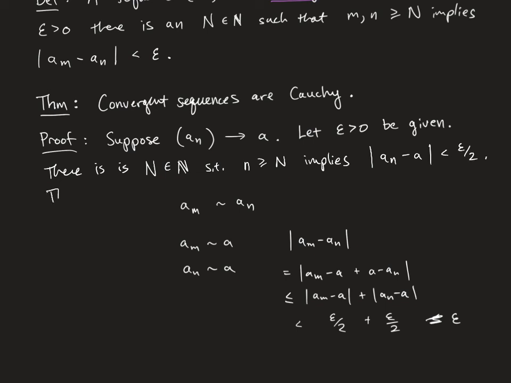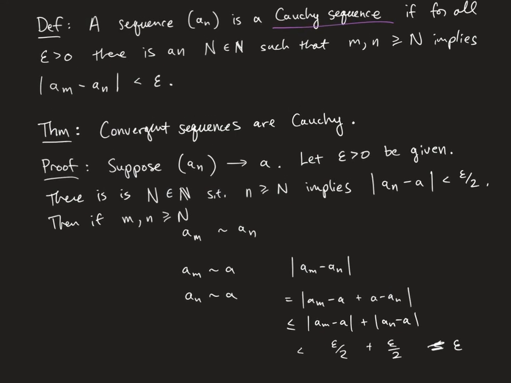Then if little m and little n are bigger than or equal to that big N, so for any single n we have this condition. Now I'm going to take a look at two of them: a_m past the big N point and a_n past the big N point, and we're going to run through this computation.